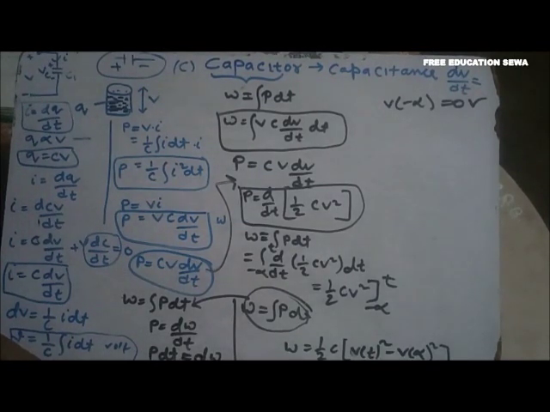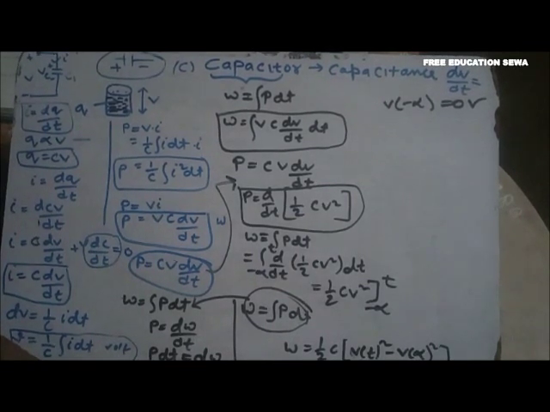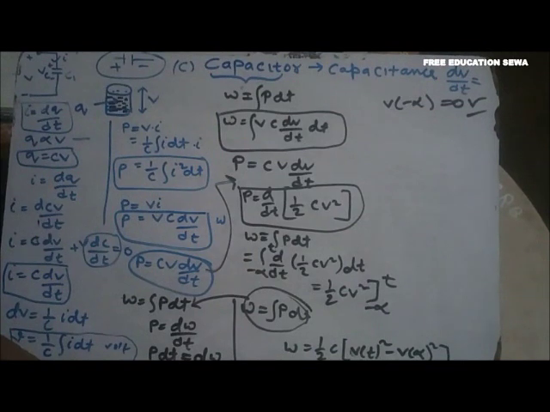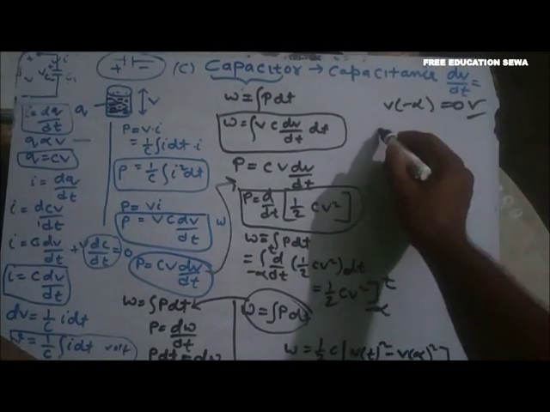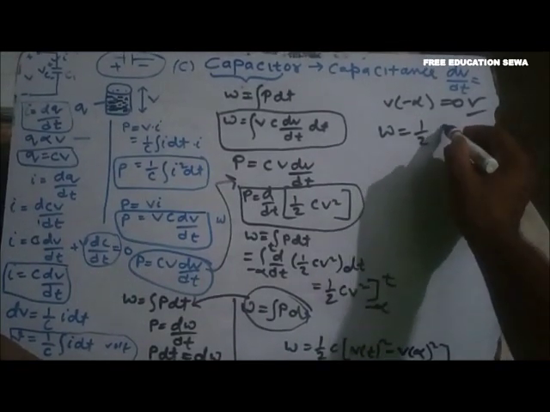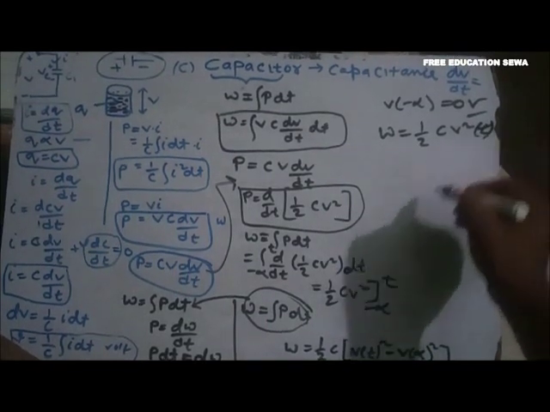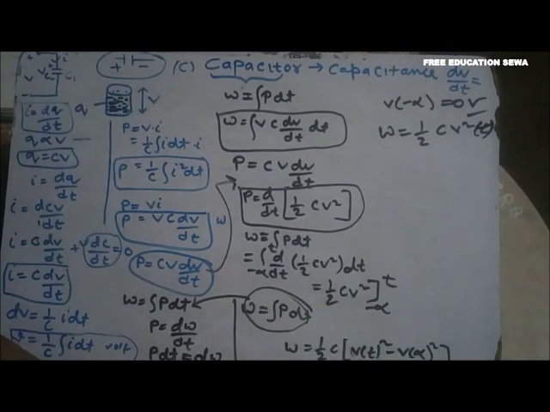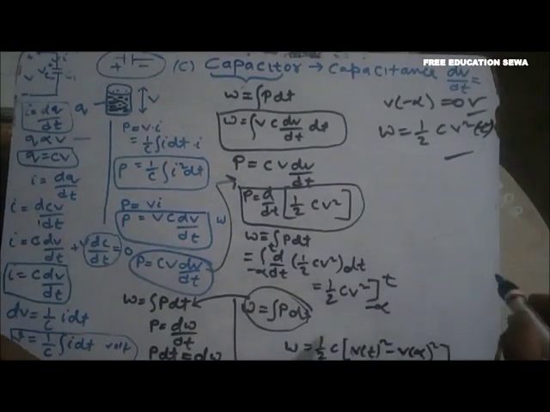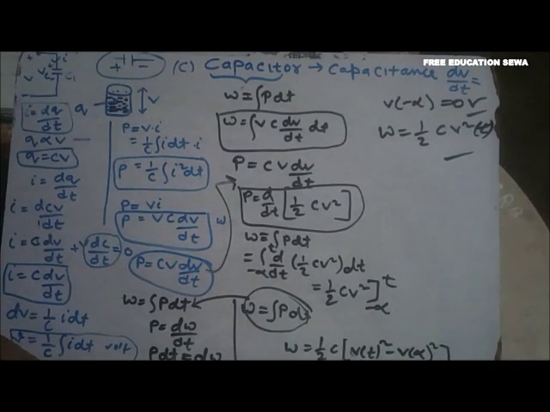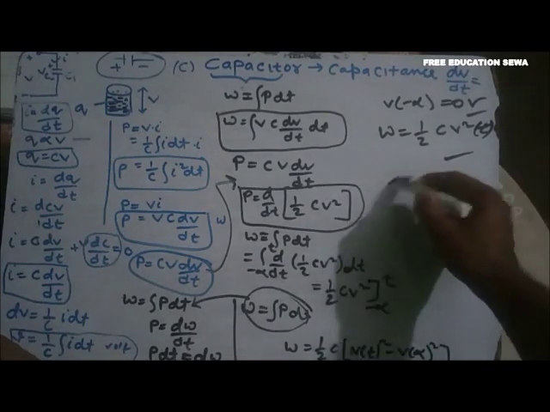If we take the initial voltage as 0, then the work done will be half CV square. This is the instantaneous energy, it is the total energy.